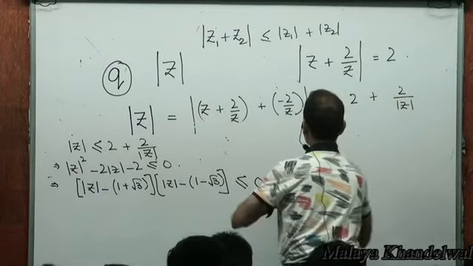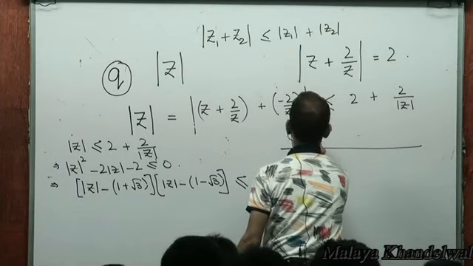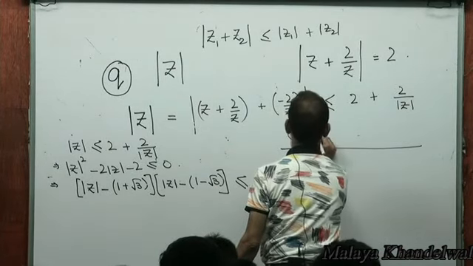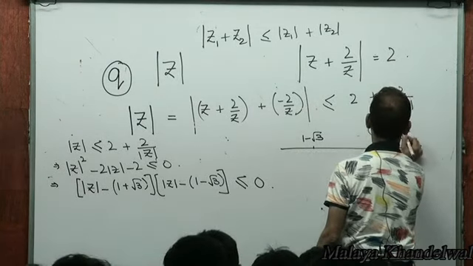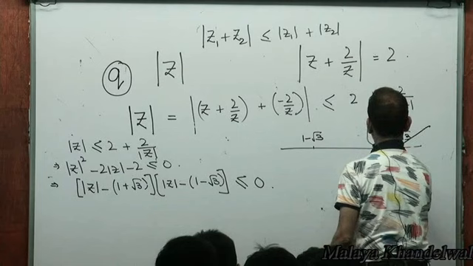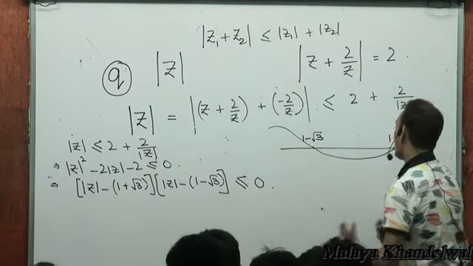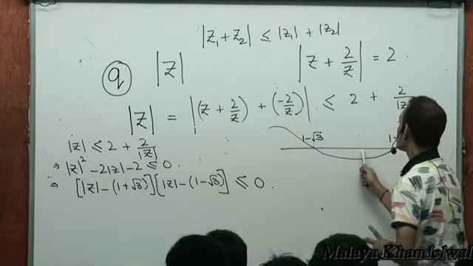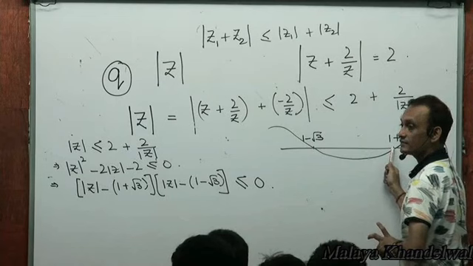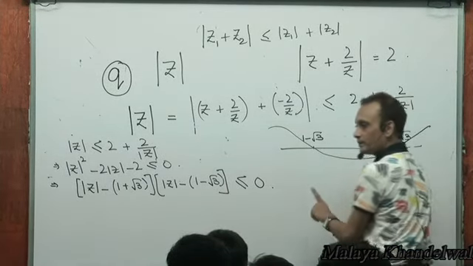Now, wavy curve method in mod z: this node is 1 minus root 3, which is negative, and this node is 1 plus root 3. This is the sign of the product.